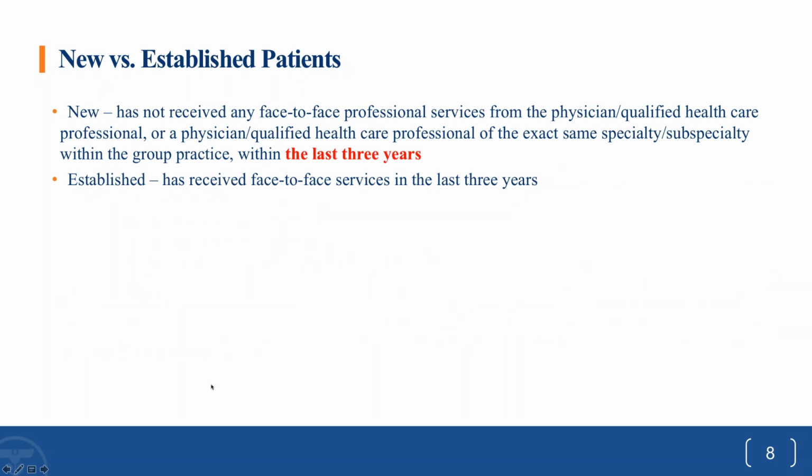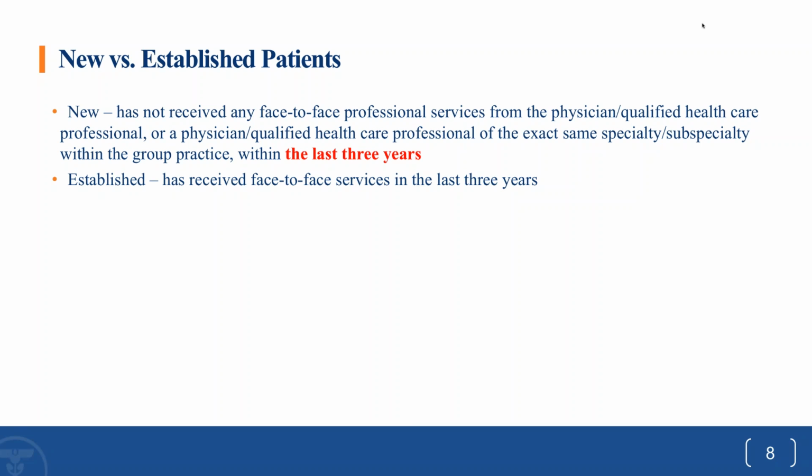Okay. Now we were talking about a new versus established patient. And so just so you understand what determines a patient from being new versus established, if you're looking at this slide, you can see what I have in red, the last 3 years. 3 years is the key number here.